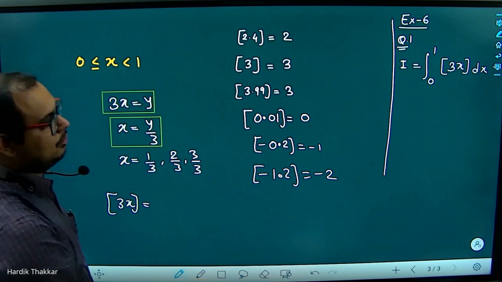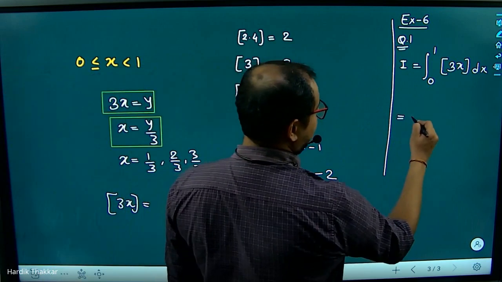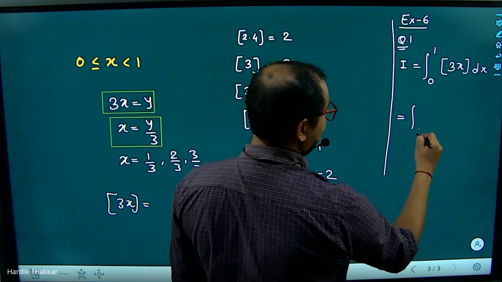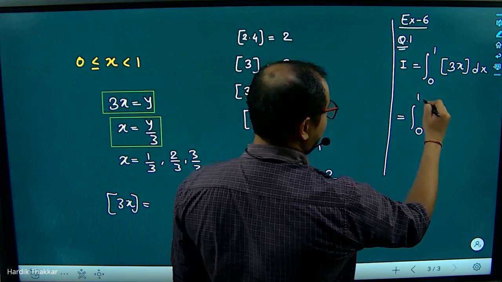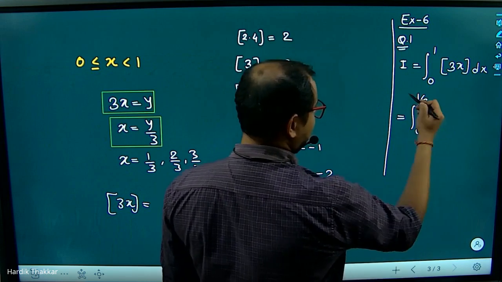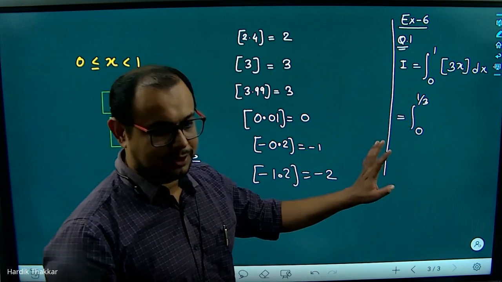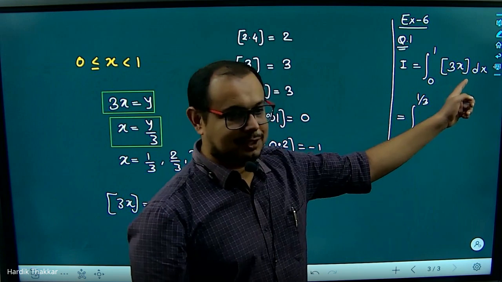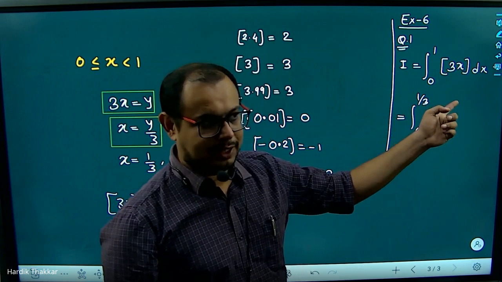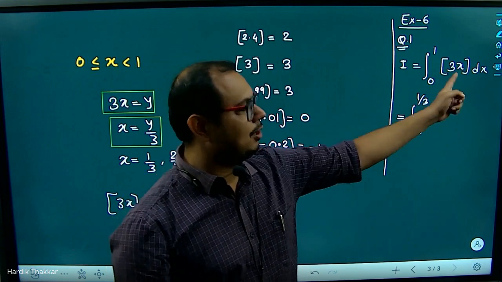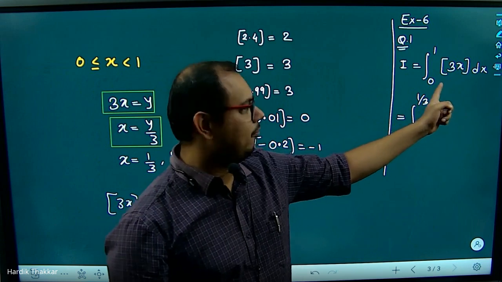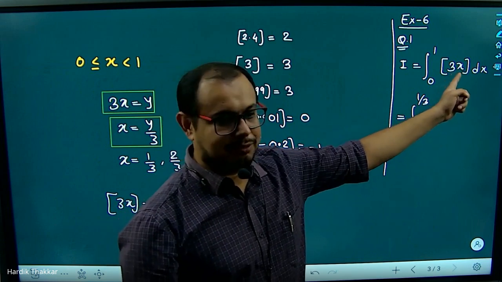So we will divide this complete integral into some parts. The first part will be from 0 to 1 by 3. If x is from 0 to 1 by 3, the value of 3x will be from 0 to 1. When x is 0 we get 0, and when x is 1 by 3 we get 1.